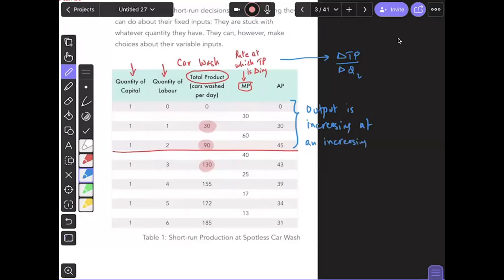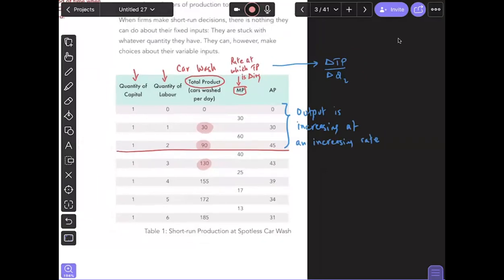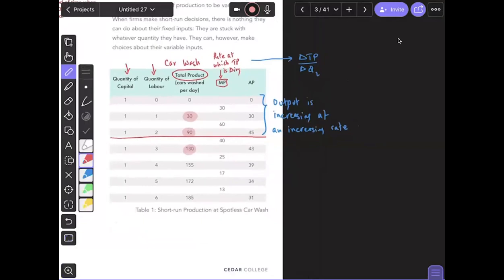The reason is that we saw MP is rising. Why does it happen? Why is MP rising? That is a discussion that we want to have right now.